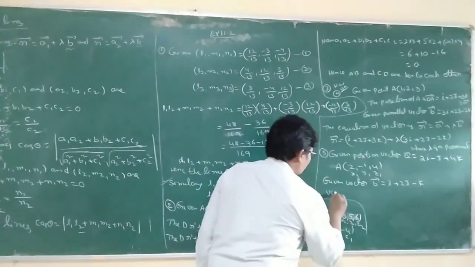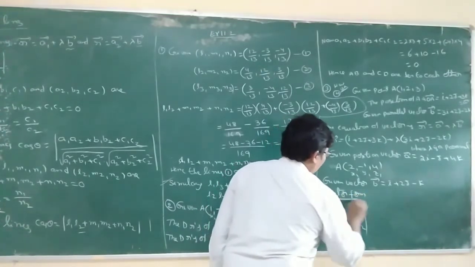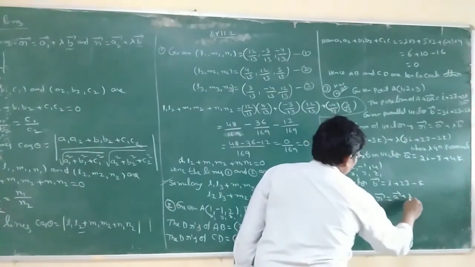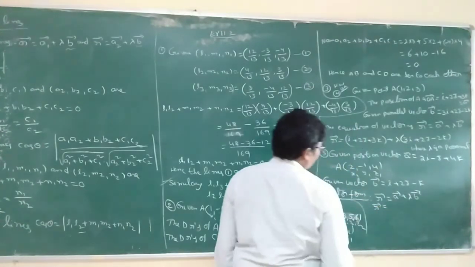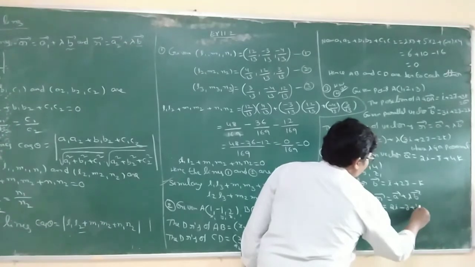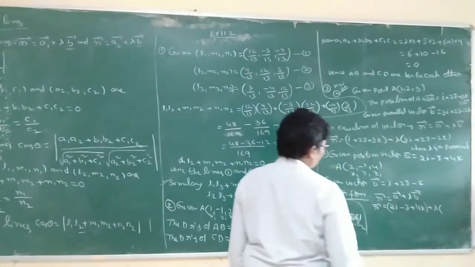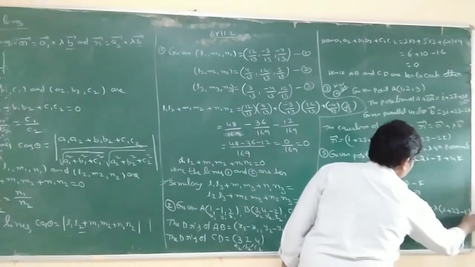So the first one, both vector and Cartesian form. First, vector form. The vector form formula is r bar is equal to a bar plus lambda into b bar. So r bar is equal to 2i minus j plus 4k plus lambda into i plus 2j minus k.